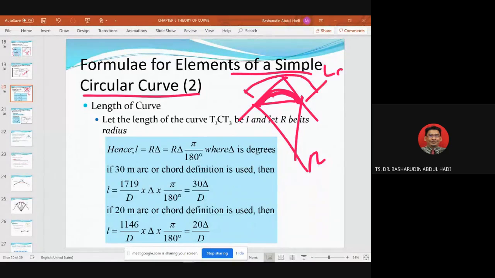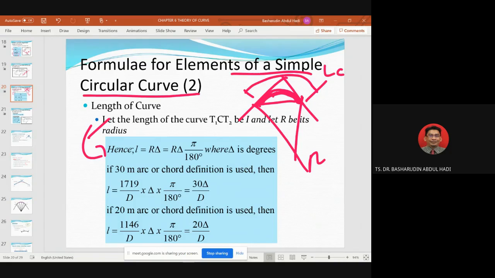We call it the length of curve, LC. Let the length of the curve be T1 C T2, and let R be its radius.